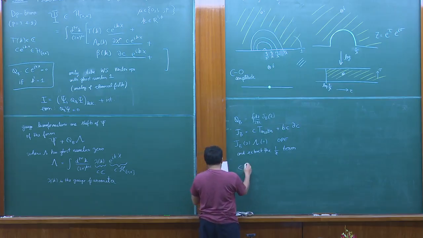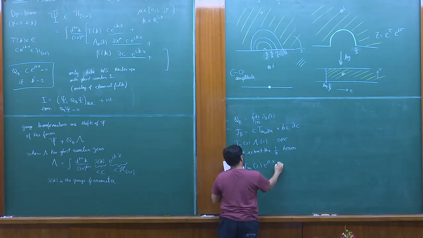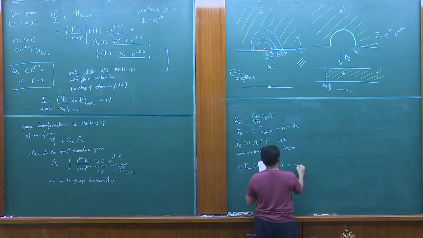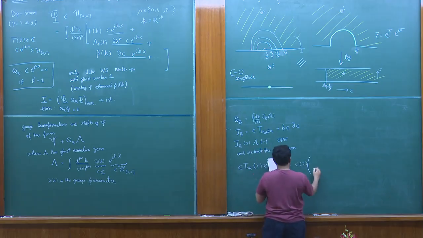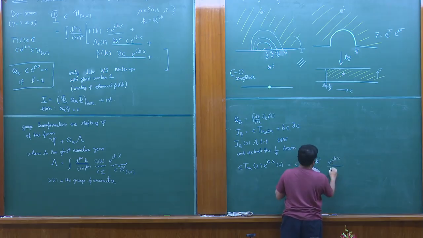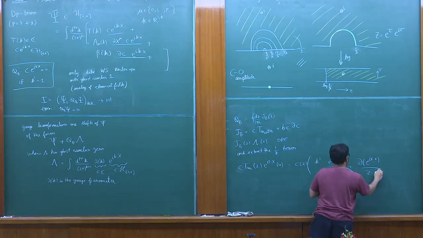So c T matter of z and e to the ik dot x at w has the following operator product expansion. This c of z, it's actually easy because e to the ik dot x is a primary under T. So the primary has weight k squared, and then you just have the operator divided by (z minus w) squared plus the derivative of e to the ik dot x divided by z minus w, right?